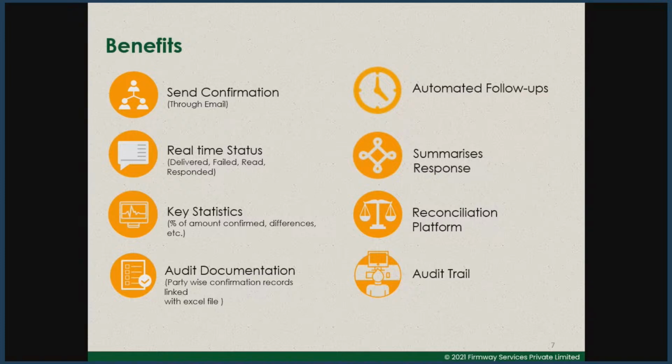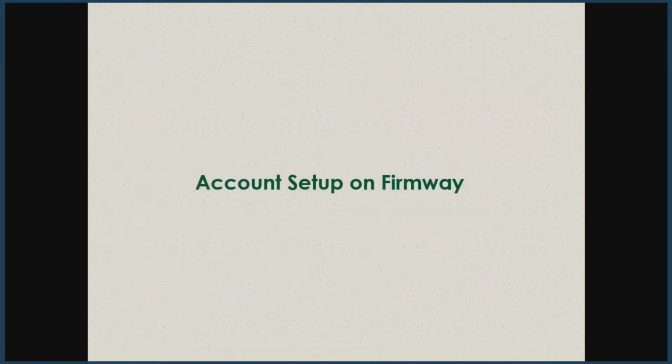Further, you can also have the audit trail recorded on your Firmway portal. So these are some benefits of the solution which we are providing for the issue, which is a high non-compliance on SA 505 terms. Now let's begin with how we'll set up the account on Firmway.